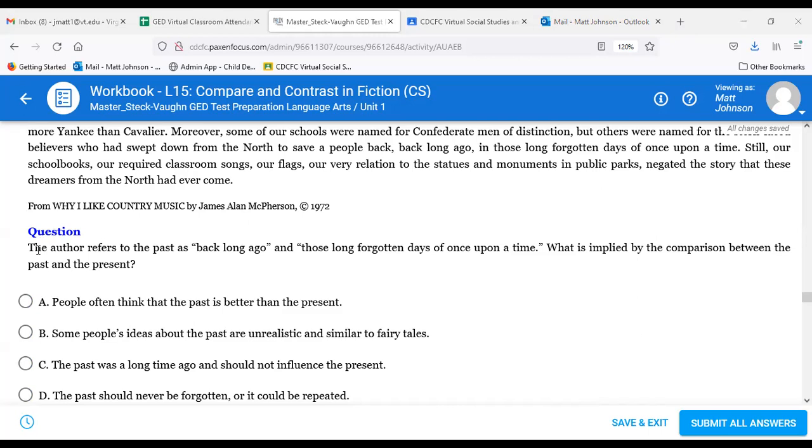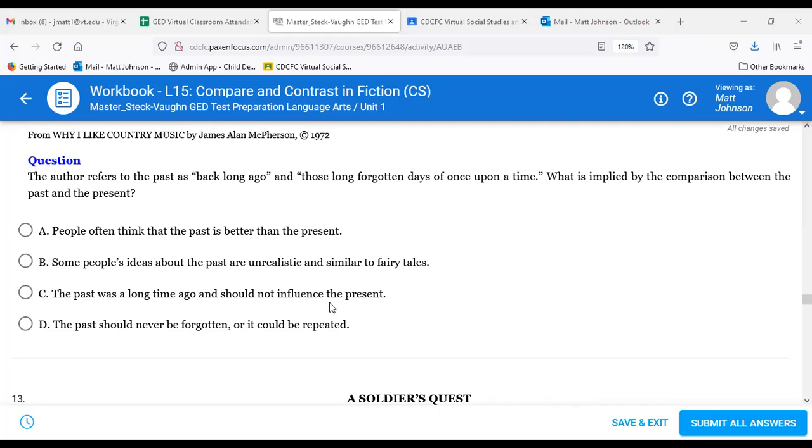A, people often think that the past is better than the present. B, some people's ideas about the past are unrealistic and similar to fairy tales. C, the past was a long time ago and should not influence the present. Or D, the past should never be forgotten or it could be repeated.